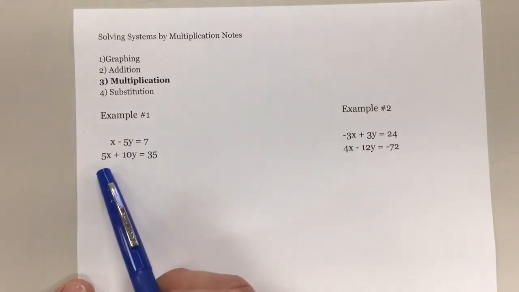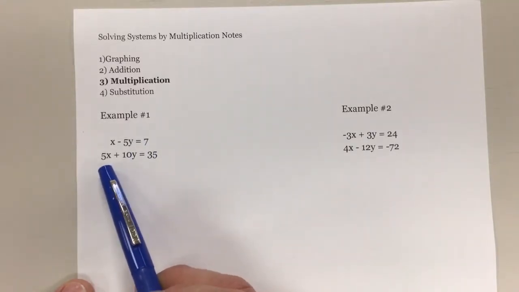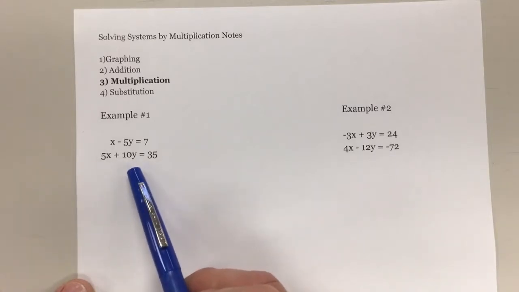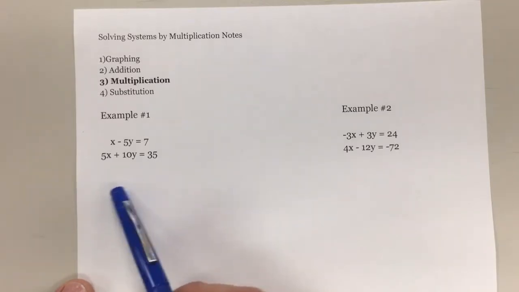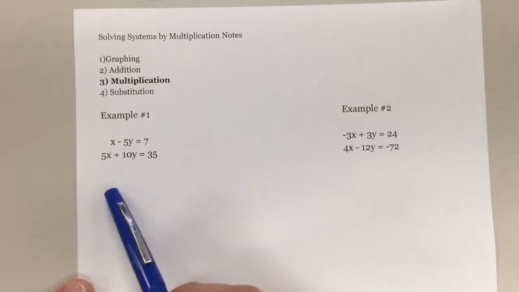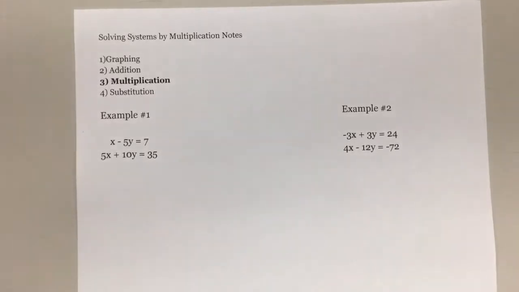But if we add these two together, we'd get x plus 5x, that would be 6x. If we added these together, we get negative 5y plus 10y would be 5y. So nothing would cancel out. That's a problem, because in order to solve this using addition, something has to cancel out. So we are going to use multiplication to force something to cancel out.